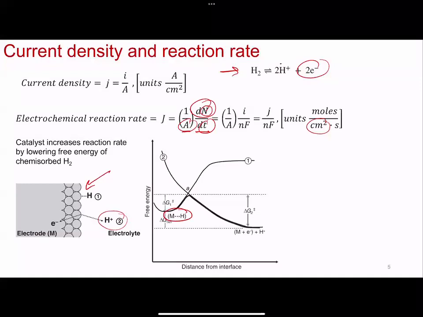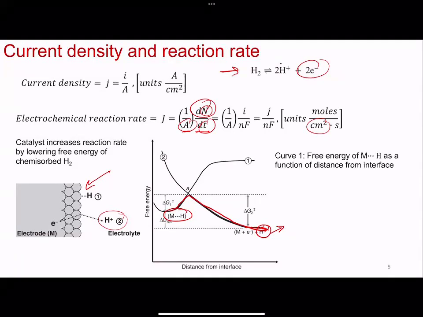Okay, so the nitty gritty is if you have the hydrogen coming in and adsorbing onto your catalyst, now you're at the interface, the metal hydride, the metal and adsorbed hydrogen will form. And what you need to do is overcome this barrier to then release the proton, and then it will migrate to the other side. So that's the energy barrier that you want to overcome for your reaction.